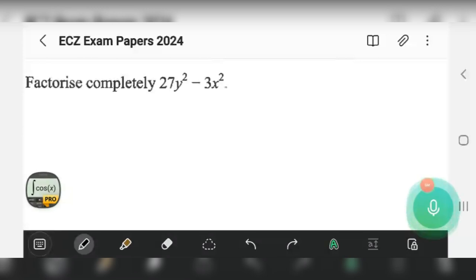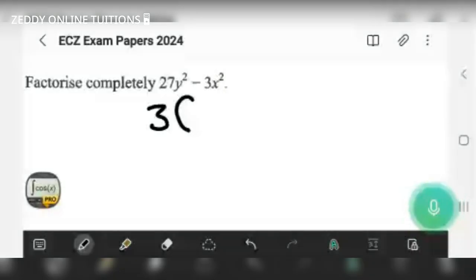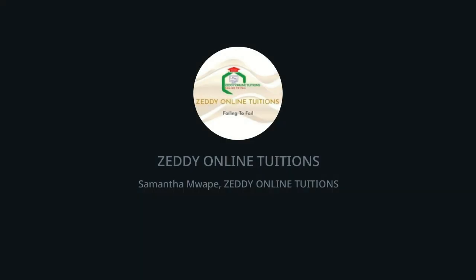I think 3 itself. So 3, open bracket, 3 into 27y squared. How many times does it go in there? Into 27, 9.